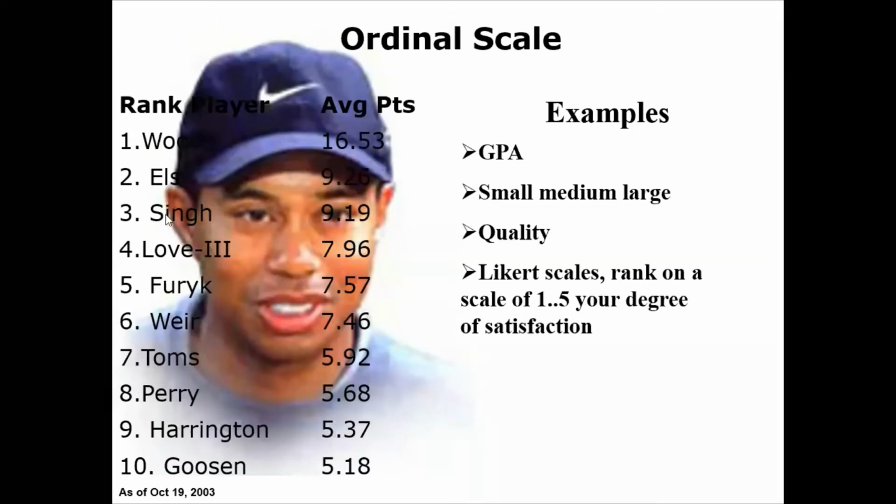The difference between the second and third is only 0.7. So there is no equal interval between the average points obtained by the players. Therefore, we cannot say that the first player is 10 times better than the 10th player. So that is the one difference between ordinal scale and the next type of scale.